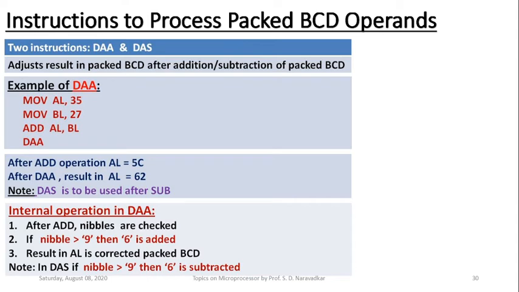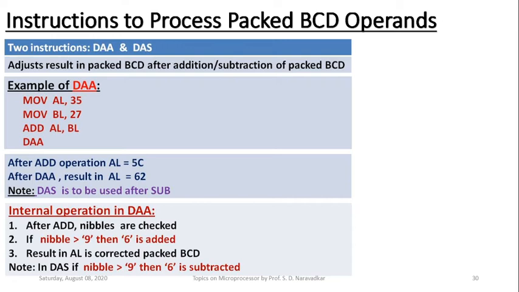Here at the bottom, the internal operation of the DAA has been given. Step number 1, after ADD, the nibbles are checked. After addition, the result in AL will be 5C. In the earlier explanation, once the addition operation is performed, the contents of the AL register are 5C.